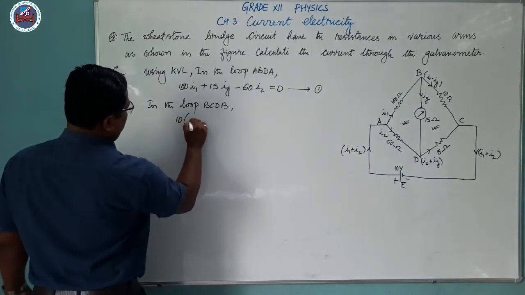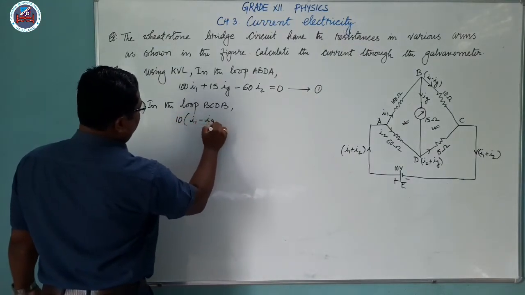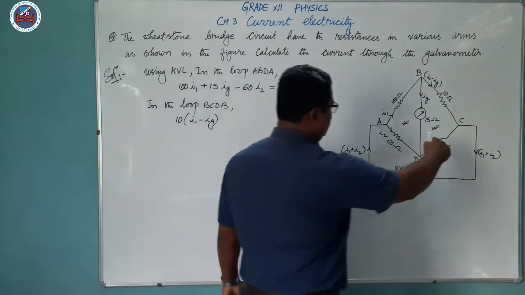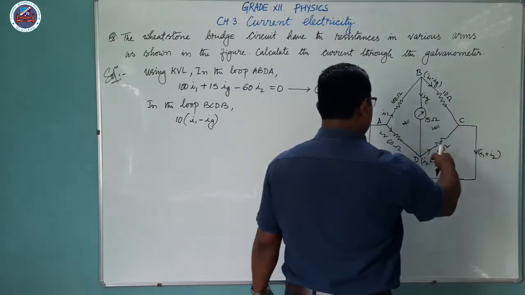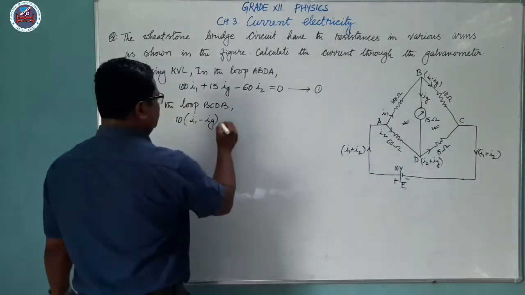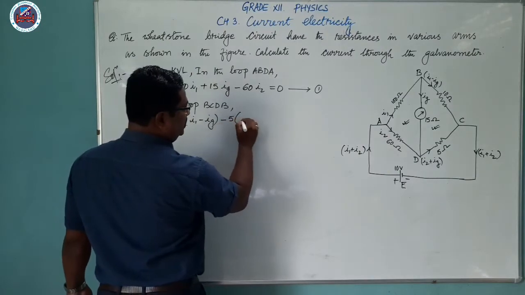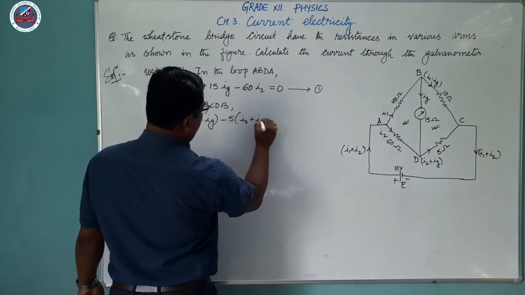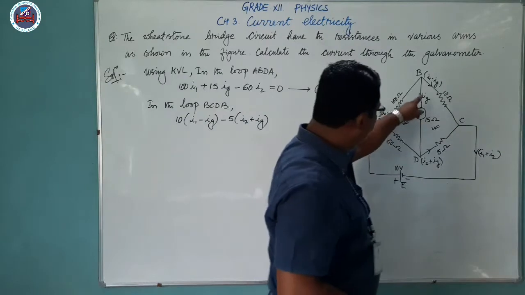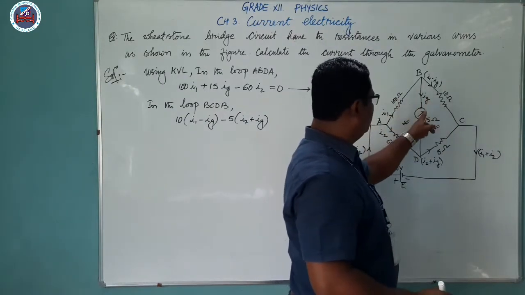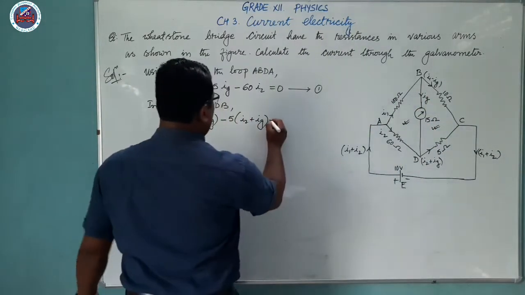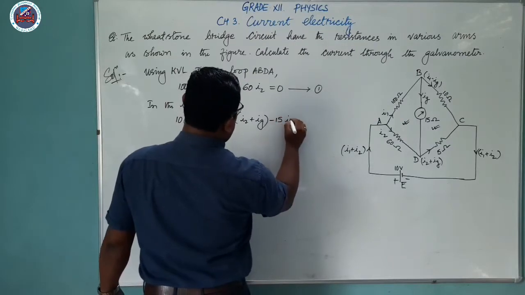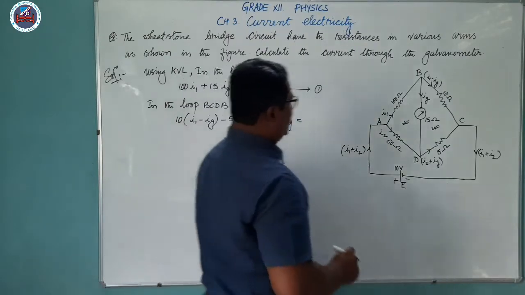Then this one is showing anti-clockwise, so minus 5 times I2 plus Ig. Then this one, it is showing anti-clockwise, so minus 15 Ig, is equal to the sum of EMF.